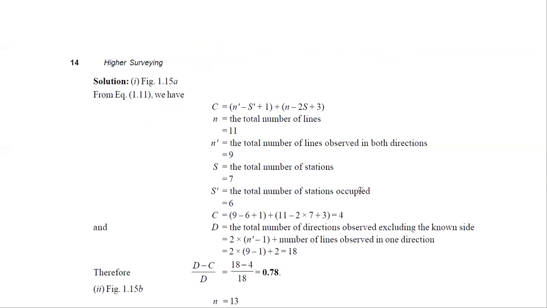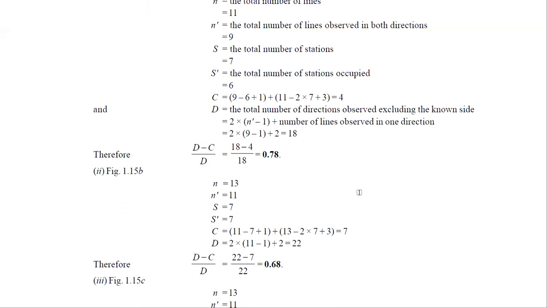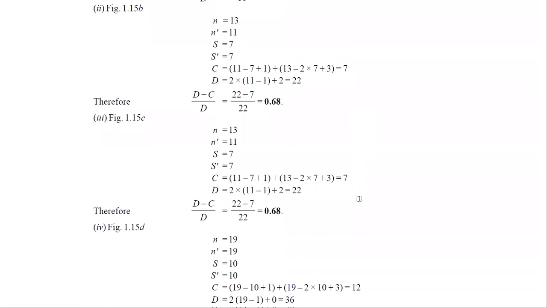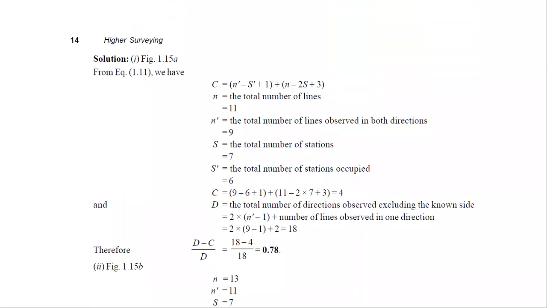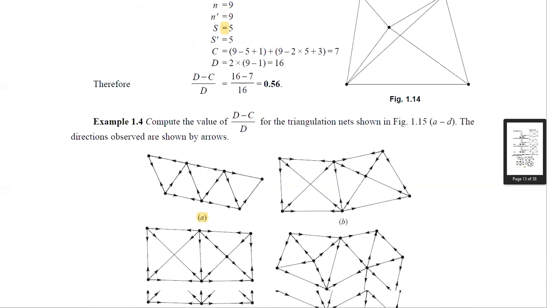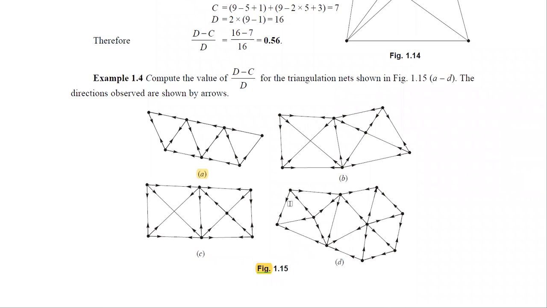So we'll count the number of lines, that is 19. We'll see once again: 1, 2, 3, 4, 5, 6, 7, 8, 9, 10, 11, 12, 13, 14, 15, 16, 17, 18 and 19.